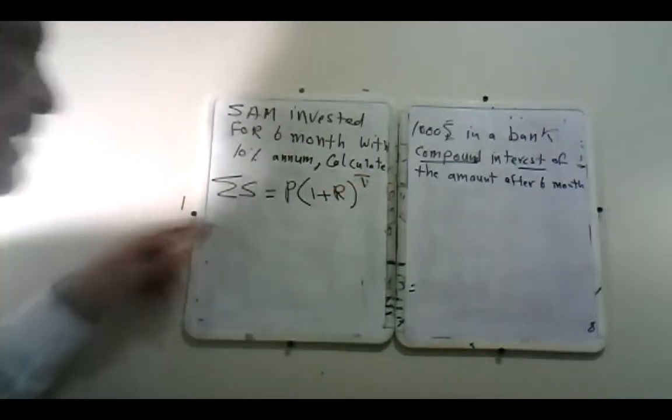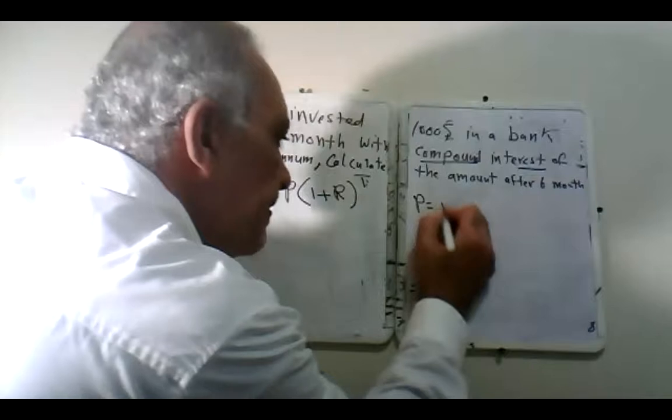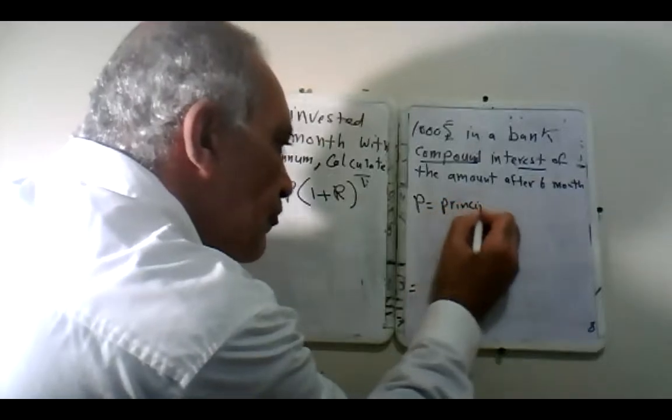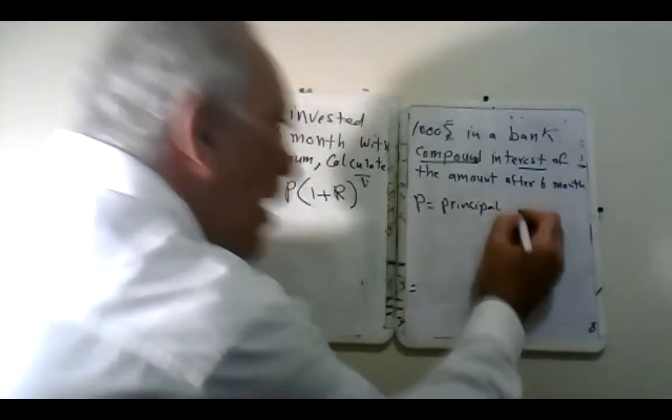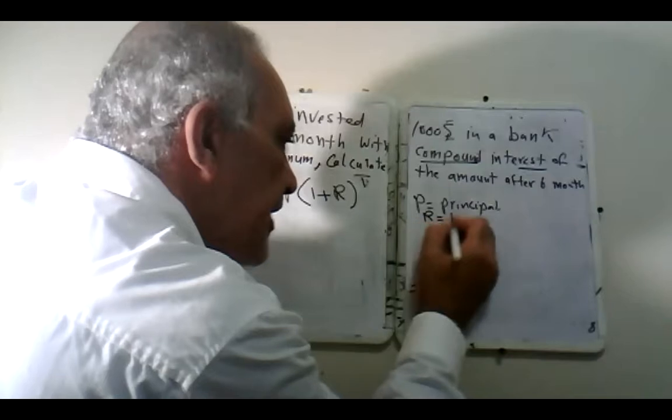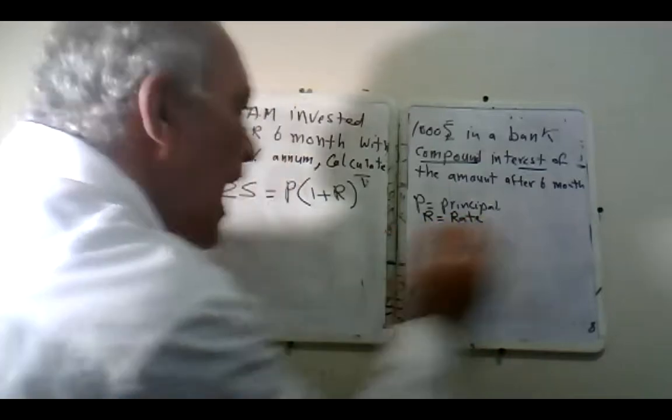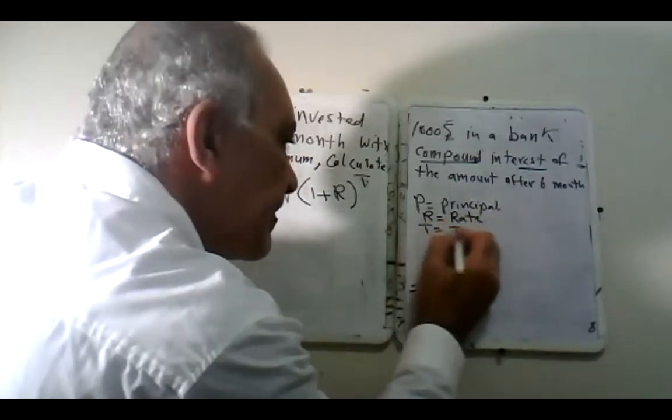Like I said before, P is the principal, R is the rate, and T is the time.